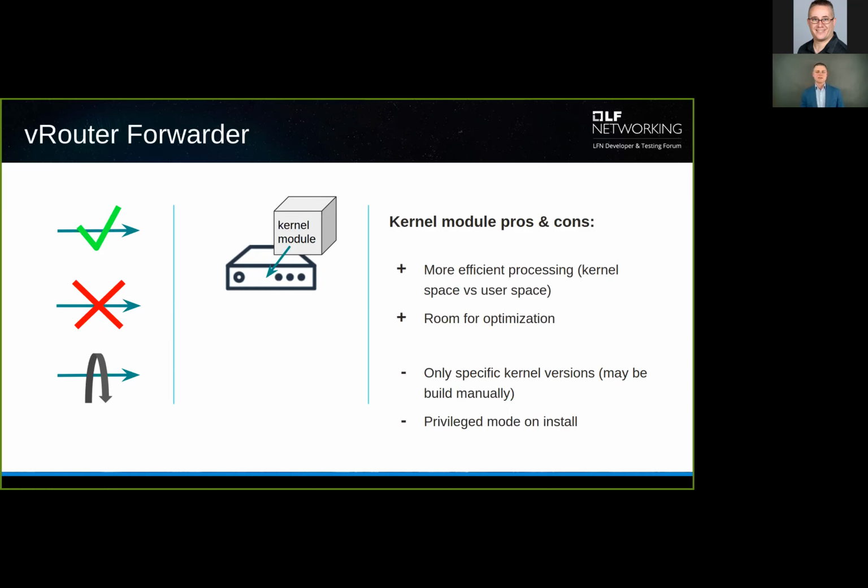Also, the con is that we have to use privileged mode on the install. For example, a pod that installs the kernel module needs to be in privileged mode, or at least have some capabilities to install this kernel module, which may be hard. Coming back to the example with CoreOS, CoreOS is a system that's in fact read-only, so you cannot install a kernel module at runtime of this system.